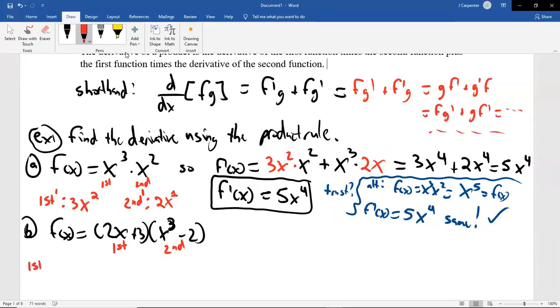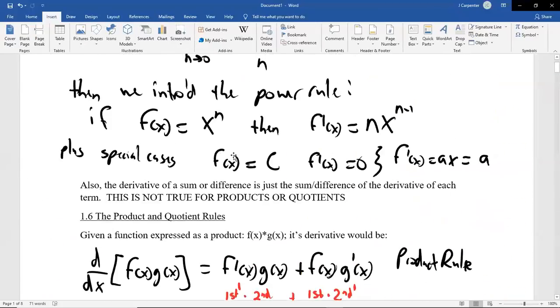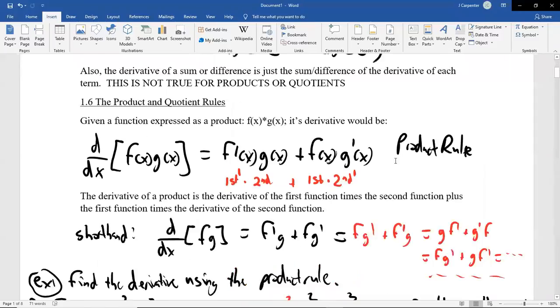So the derivative of the first, we're just considering the first parentheses now, 2x plus 3. All right, the derivative of 2x, this was one of those special cases. I'll scroll up to it last time. The derivative of a linear term, just a number times a variable, is the coefficient, because the derivative of a line is its slope, and the slope is the coefficient.